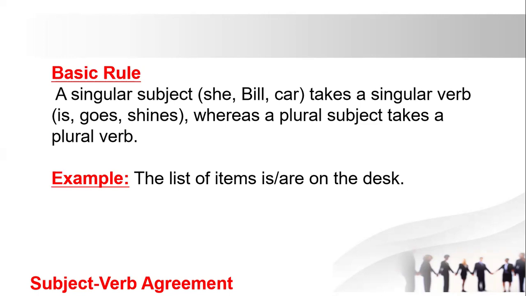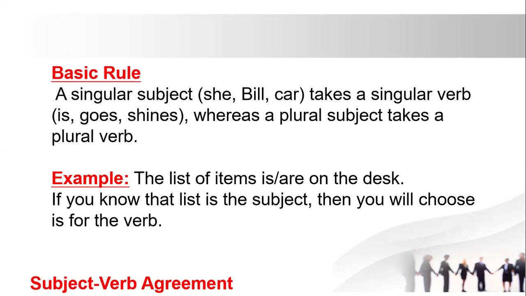For instance, the list of items is or are on the desk. Apparently, it's very easy to point out the right option. But sometimes students even get confused within this basic rule. If you know that list is the subject, then you will choose is for the verb.